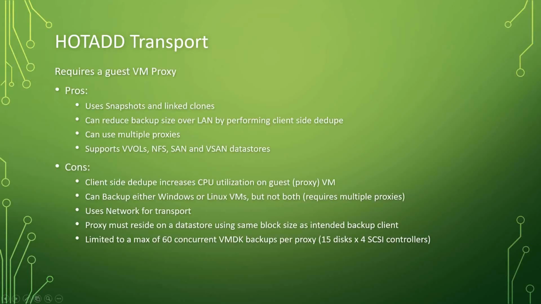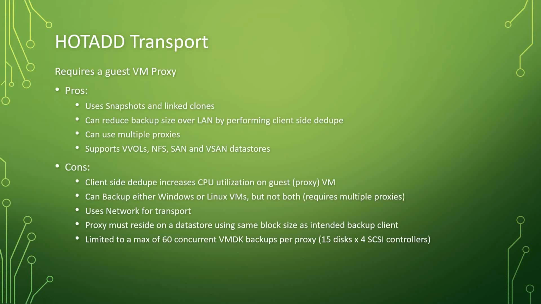I believe so. Yeah. So client-side dedupe is where your backup software running in your proxy agent or your proxy appliance is actually handling performing the dedupe inside of that particular virtual machine instead of offloading that process to a dedicated backup appliance outside of your environment.